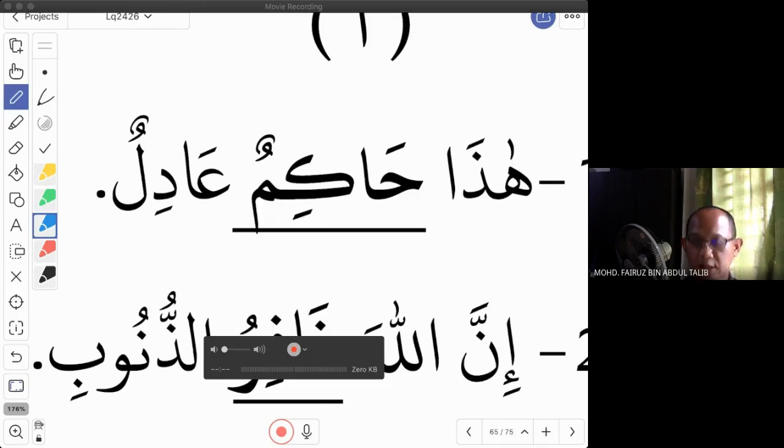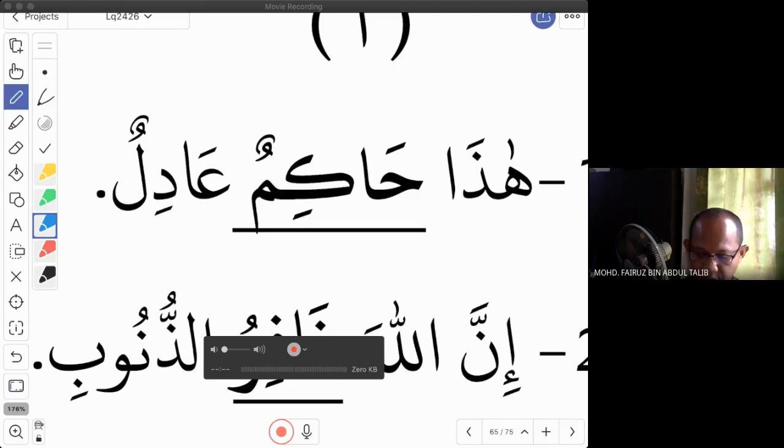In our lesson we will learn the qa'idah: how do you change from a fi'il to this pattern, to this word hakim? You can translate it as the ruler, or in some sentences as the meaning of the fi'il, to rule. It depends on the context. In this jumlah, hadha hakimun adil, this is a just ruler. That is the first jumlah, hakimun.